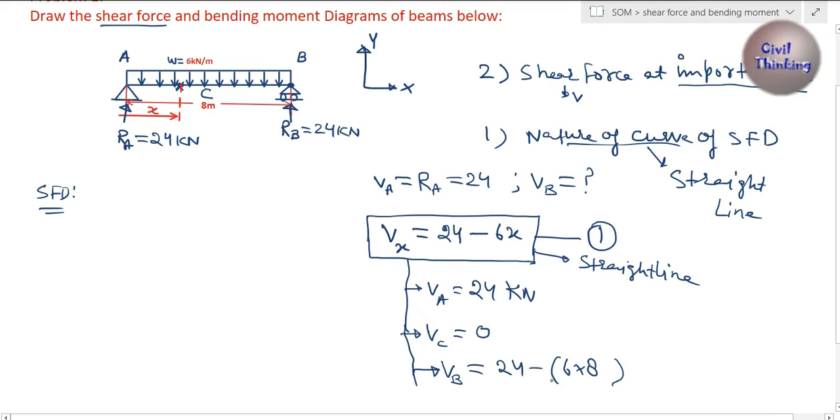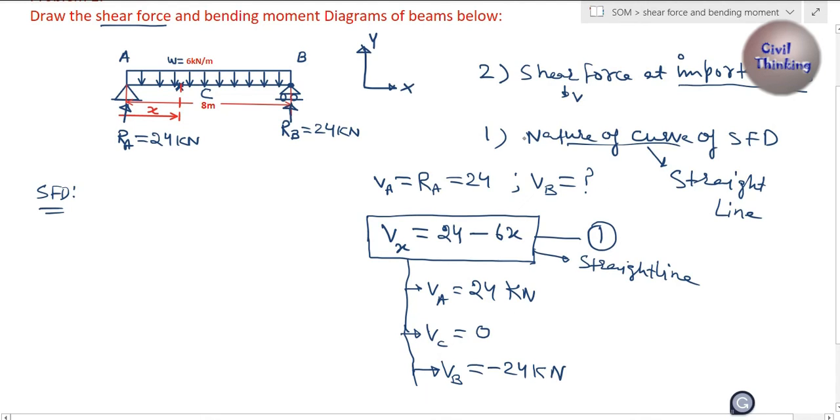So I write 8 here. Now 6 multiplied by 8 is 48. Now 24 minus 48, how much is it? It is minus 24. So we get the shear force at B as minus 24 kilonewton.